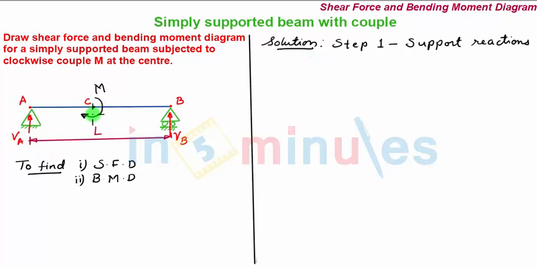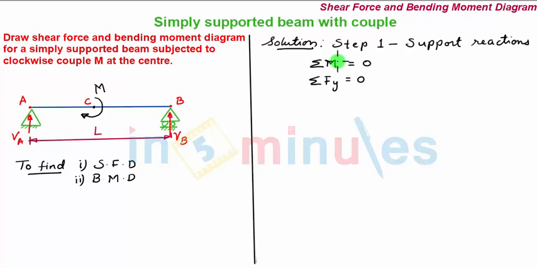Since a clockwise couple is acting, which may cause the beam to rotate about an axis passing through this point and perpendicular to the plane of the screen, we can use one static equilibrium equation: the summation of all moments about any point is equal to 0. Also, since there will be vertical reactions, we can use the summation of Fy is equal to 0.